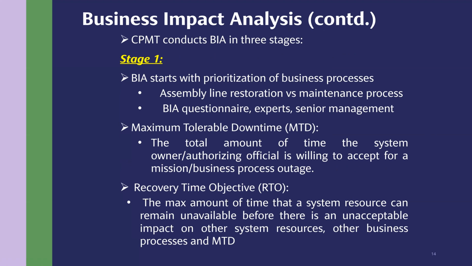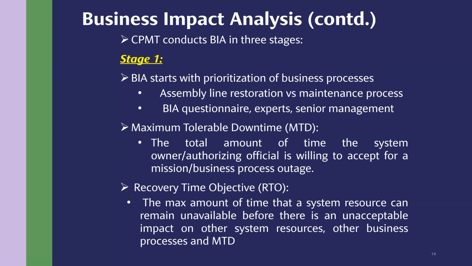So what does the CPMT, Contingency Planning Management Team, perform? There are three stages in which this BIA is performed. The first stage is that BIA starts with prioritization of business processes, like I told you. For example, in a car manufacturing organization, there can be multiple business processes. One can be assembly line restoration, there can be a maintenance process, there can be a recruitment process.